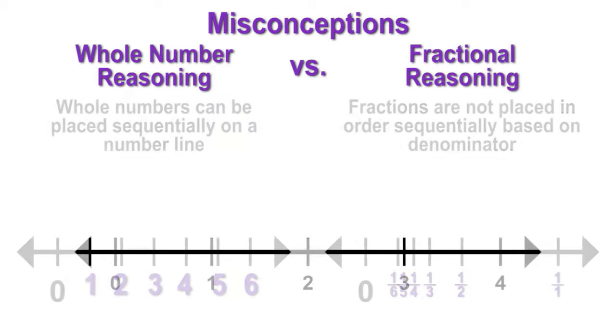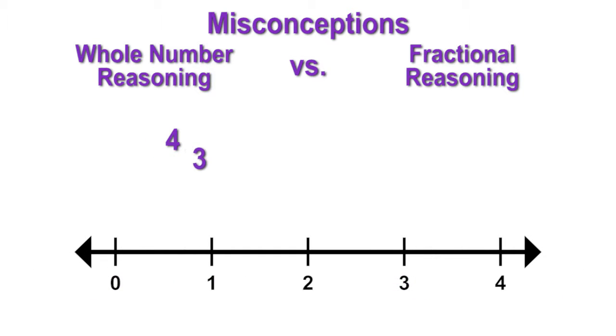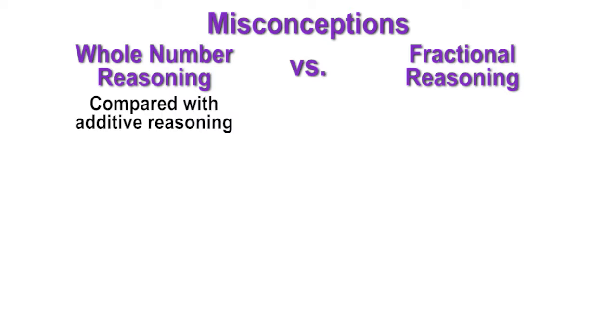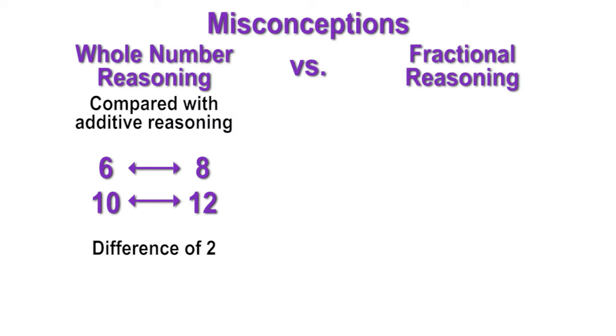Another misconception is that the numbers 3 and 4 are placed on a number line and are 1 space apart. When 3 and 4 are used in the fraction 3/4, this is now a number between 0 and 1. Next, whole numbers are compared using additive reasoning. For example, when comparing the difference between two whole numbers, such as 6 and 8, or 10 and 12, a student should state that the difference is 2.